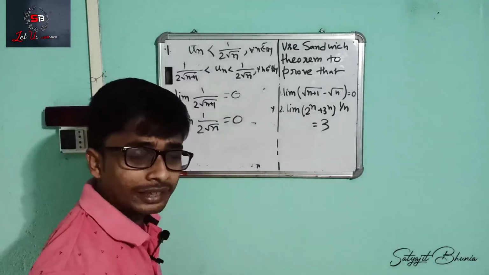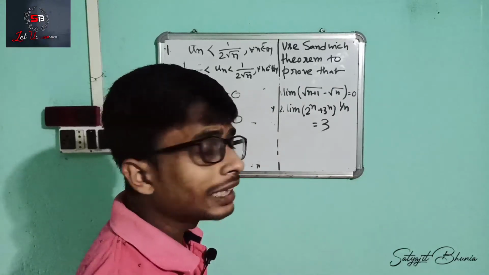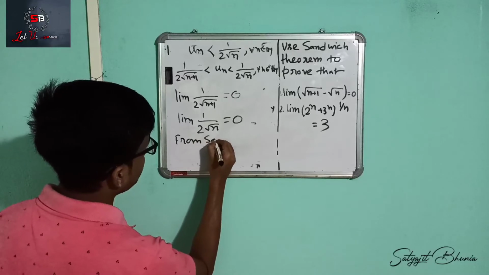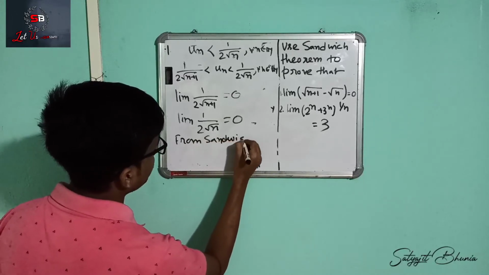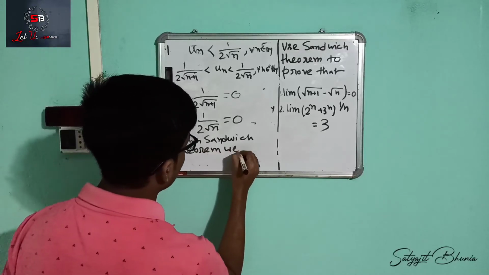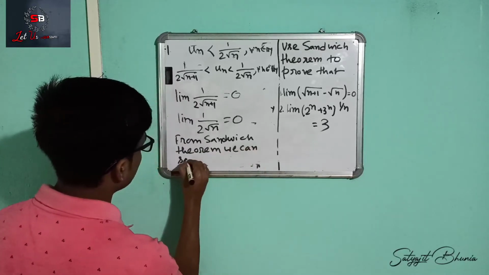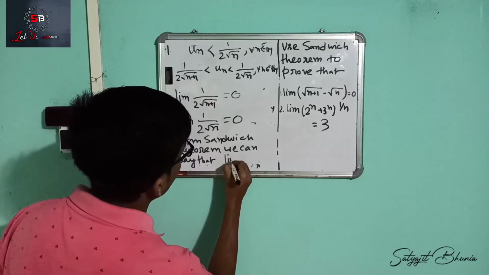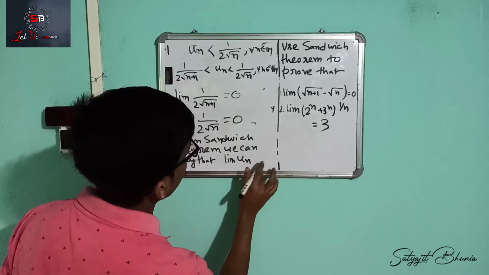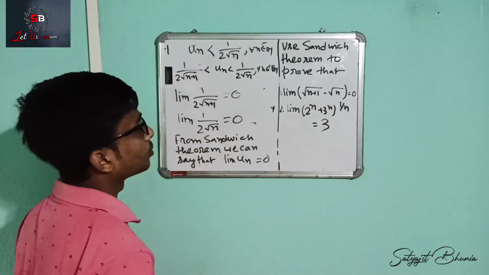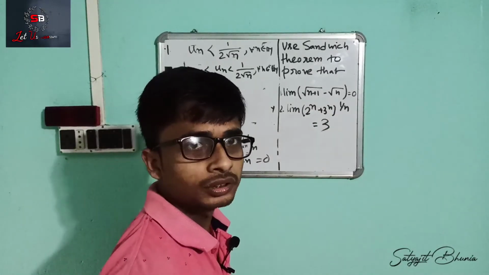So from the sandwich theorem we can say that limit un is equal to 0, that is, limit root n plus 1 minus root n is equal to 0.